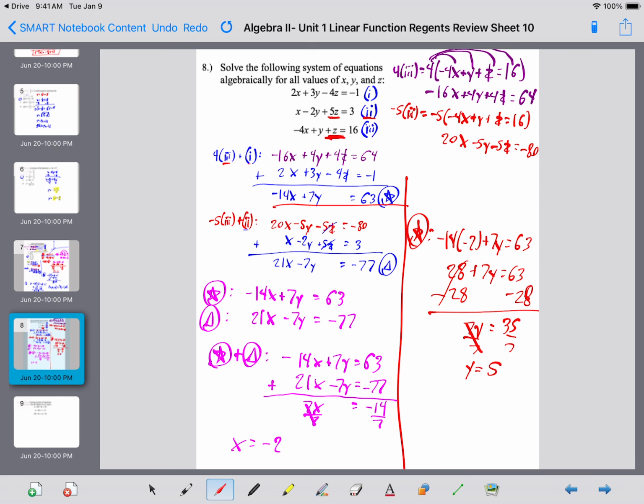Lastly, we're going to plug into our 3 by 3 system, and we're solving for z. Looks like where z is by itself, that's the easiest one to use. So negative 4 times x, which is negative 2, plus y, which is 5, plus z equals 16. So negative 4 times negative 2 plus 5 is 13.